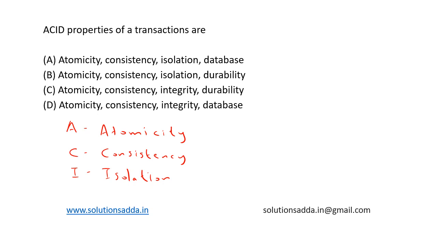So now we can rule out options C and D. And finally D. D stands for durability. This means that every transaction performed should be recorded, and despite all the failures, these records must persist. So based on the options, option B, atomicity, consistency, isolation and durability, is the correct answer.